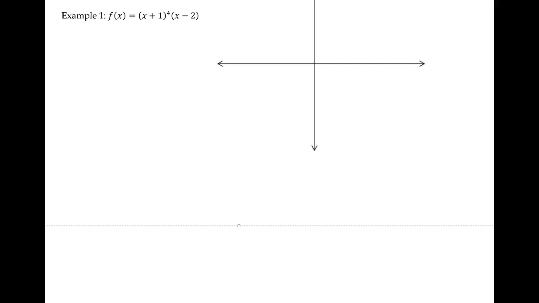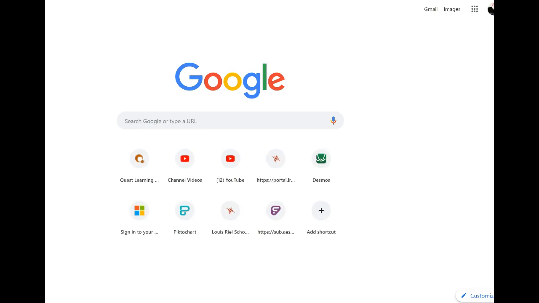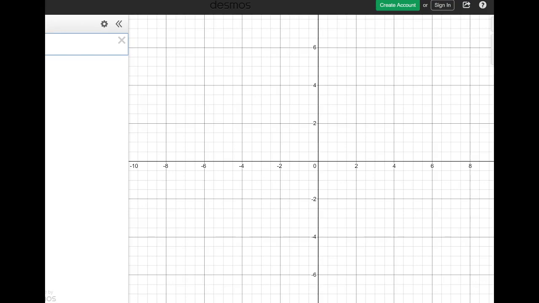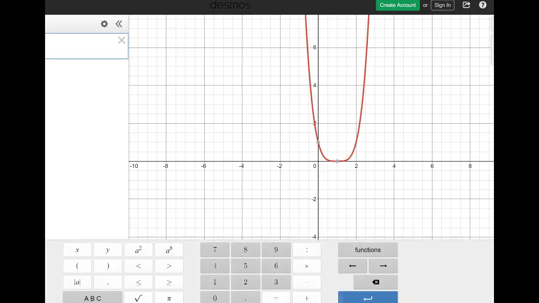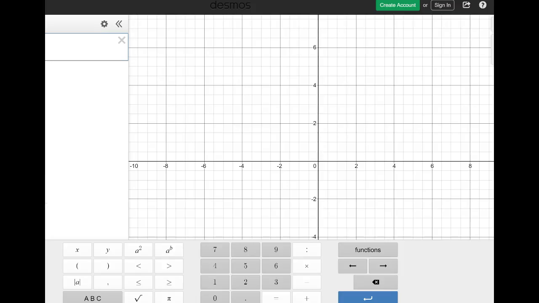So what we see when we graph this, and I can show you quite quickly if we use Desmos. Oops, apparently that disappeared. We've got x minus 1 to the power of 4 and x minus 2.